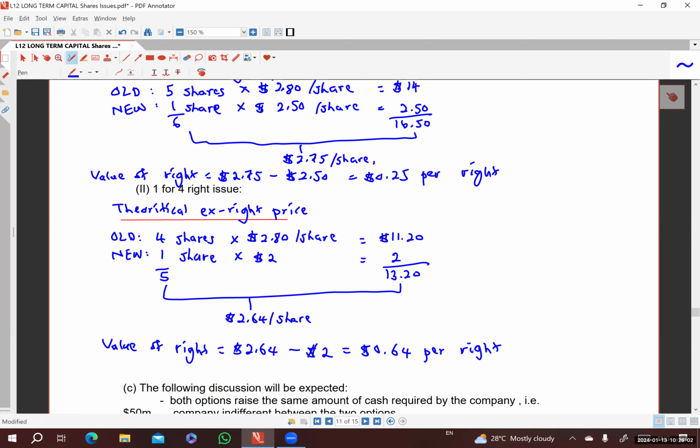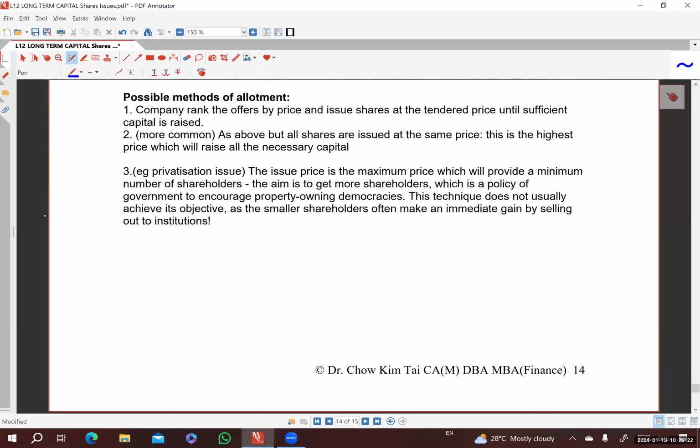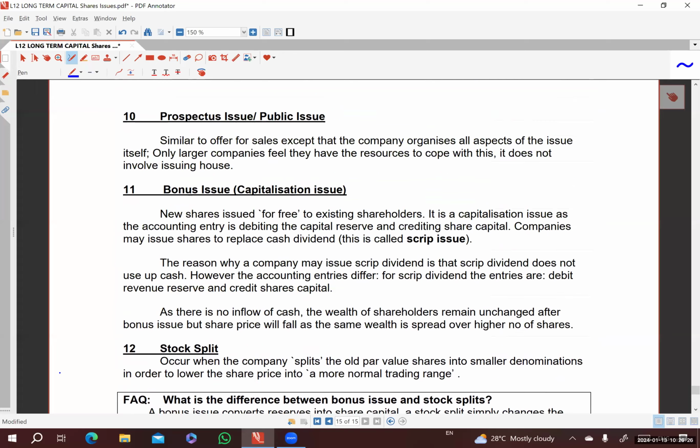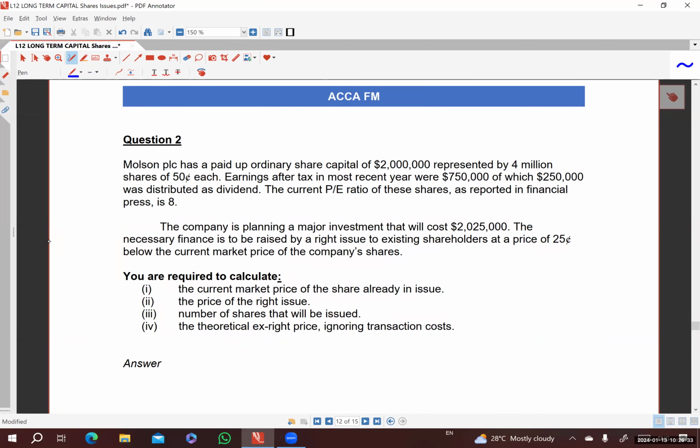Okay. Next question. We do one more. Mosam has a paid-up ordinary share capital of $2 million, represented by 4 million shares of 50 cents each.